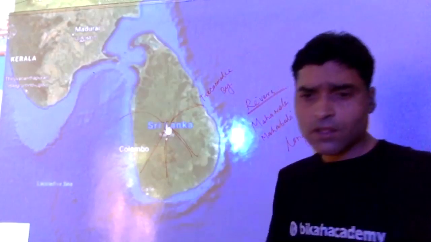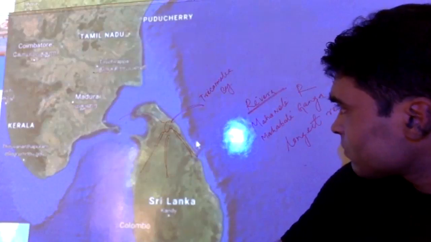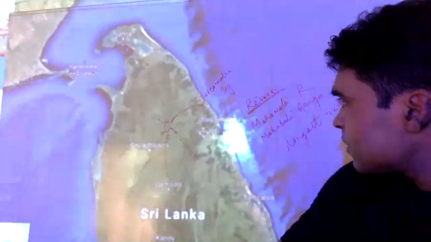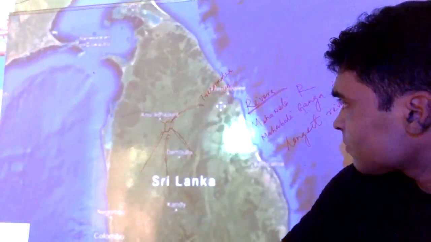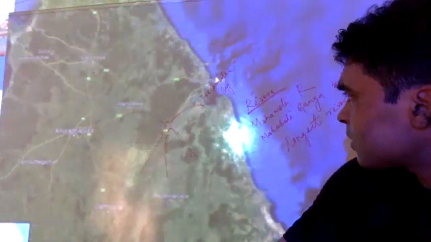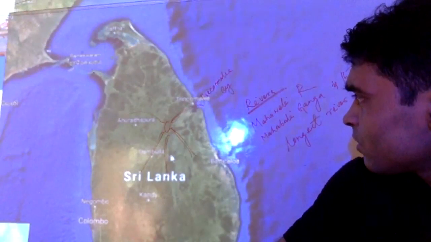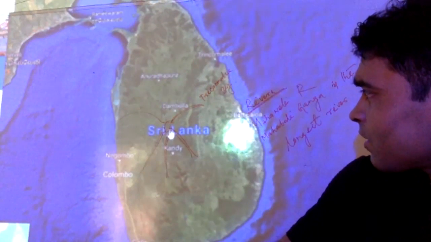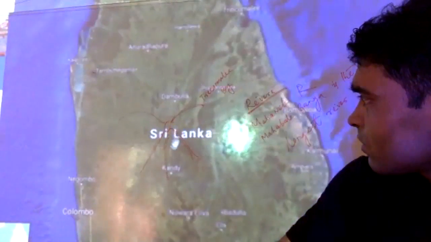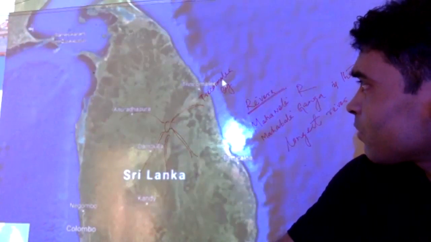I'll show you, don't worry. Here is Trincomalee. This is the point you have to remember. Here the river Mahaweli Ganga falls, originating from the middle of the country, the Sri Lankan highland, just above Kandy, and falling into Trincomalee. I hope you got this point.